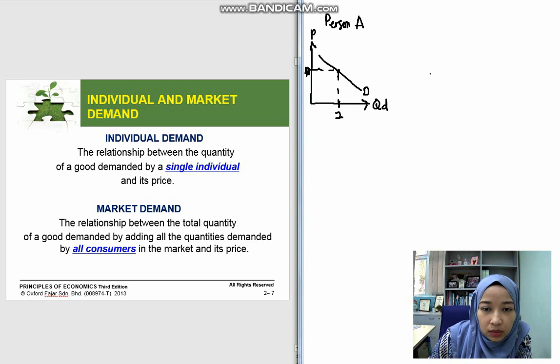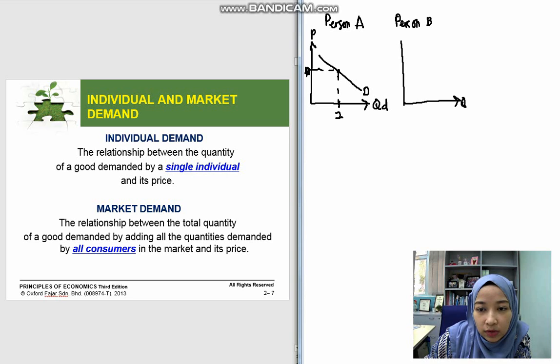And then you have person B, and this is the demand by person B. So you have here quantity demanded and then the price, and at 40 ringgit, which is the same price level, how much is person B willing to buy? Let's say person B is willing to buy 4 pairs of shoes at 40 ringgit, which is higher.